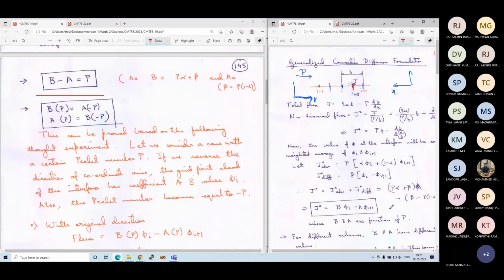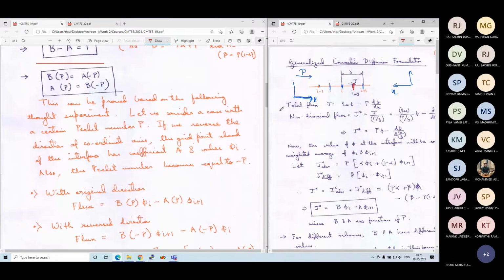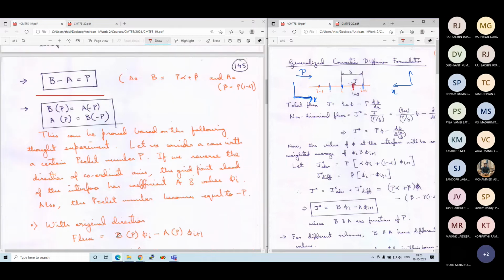Where are B and A calculated? B and A are functions of the Peclet number at this interface. So flux is B into phi I, where B is a function of Peclet number, minus A into phi I plus 1, where A is a function of Peclet number.